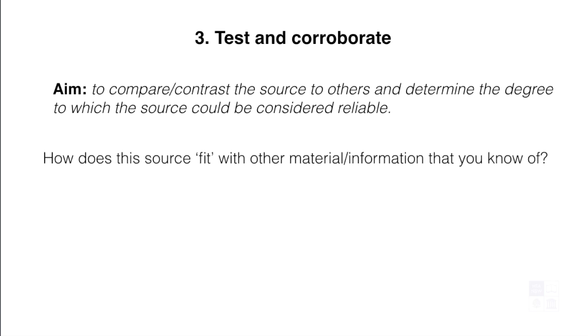So a couple of questions that you might ask at this stage when you're looking at the source is, how does it fit with other material or information that you already know of or have already seen? So it might be the case that, say, you've come across a photograph of Nazi Germany, and you have just analyzed a number of photographs recently. Does this photograph fit comfortably with those other images, or is it quite different? Does it add something different to what you've already discussed so far? That may be a good thing.